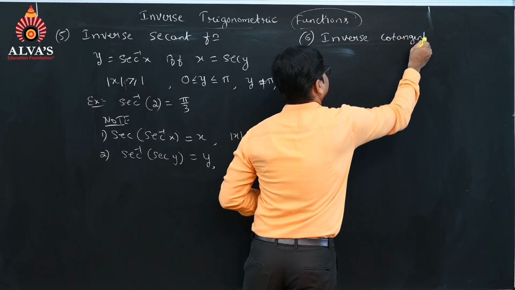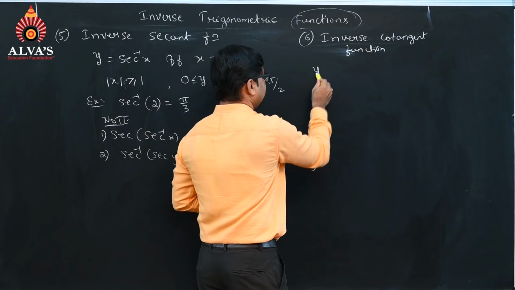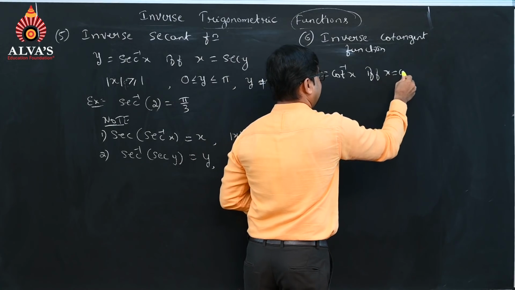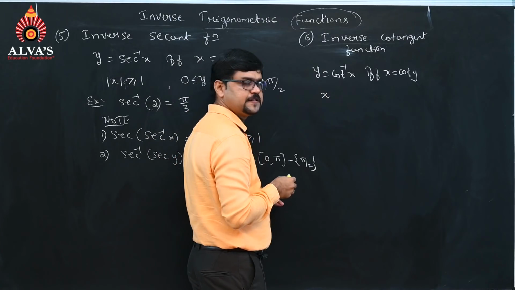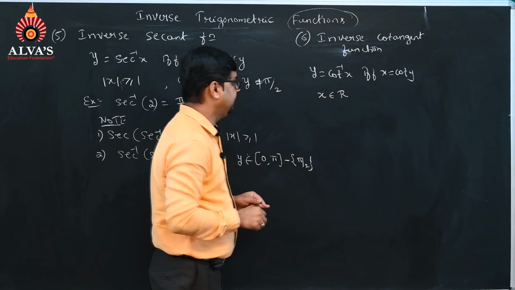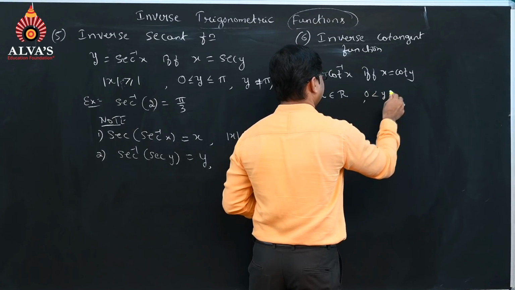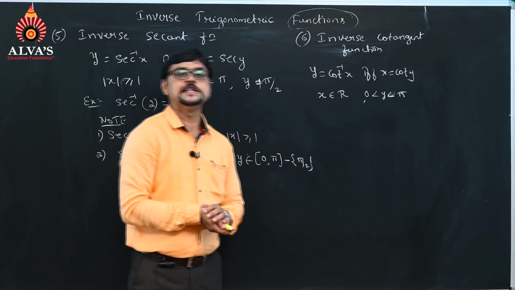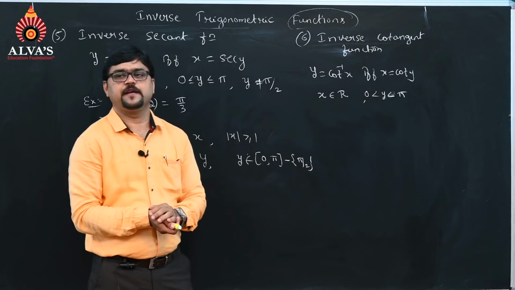cotangent function, which is defined in the same way: y equal to cot inverse of x if and only if x equals cot y, where the domain x belongs to the set of all real numbers and the range is 0 to pi, and remember it is strict inequality, or else you can say the open interval 0 to pi, because cot 0 and cot pi cannot be defined.